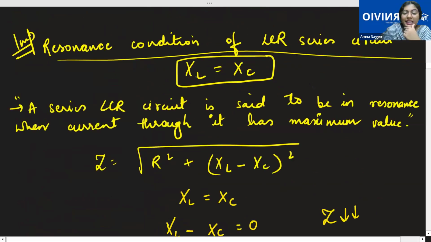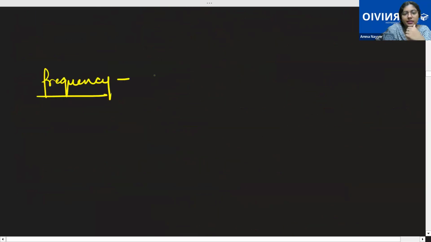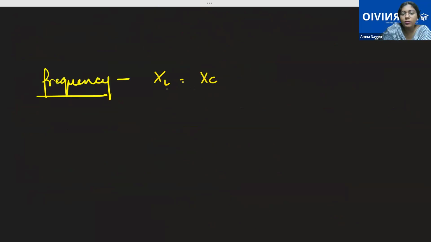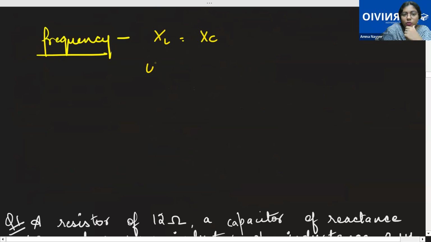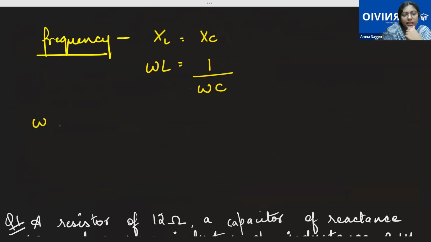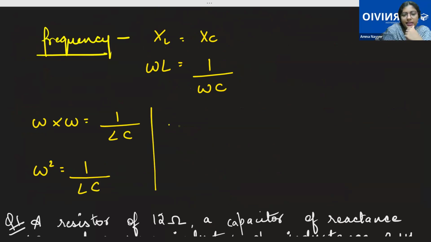In this case, XL and XC's values are the same. Inductive reactance is equal to capacitive reactance. Inductive reactance is omega L. Capacitive reactance is 1 by omega C. So if I interchange this, omega into omega is equal to 1 by LC. So omega square is equal to 1 by LC, and from here omega is equal to 1 by under root LC.